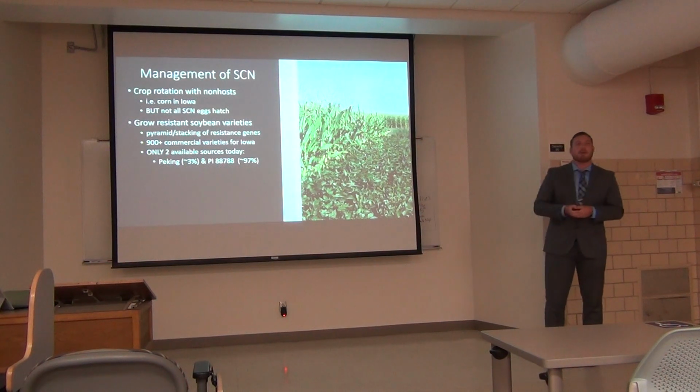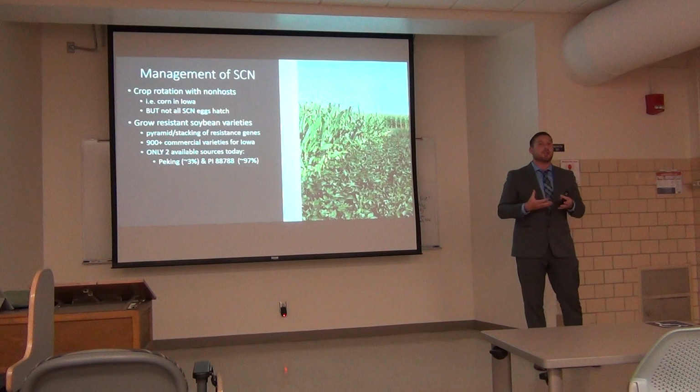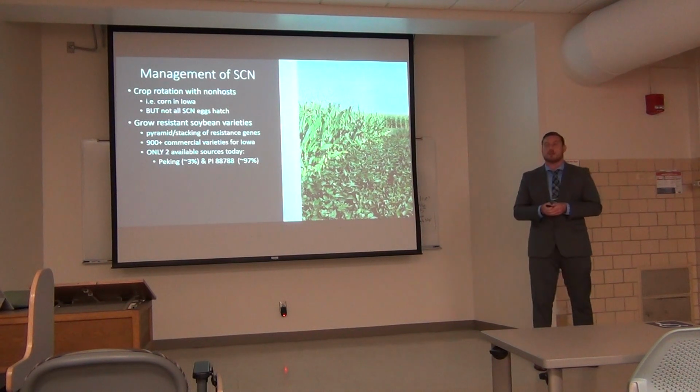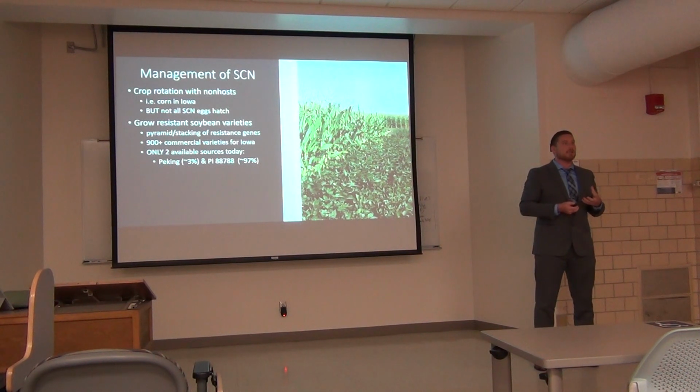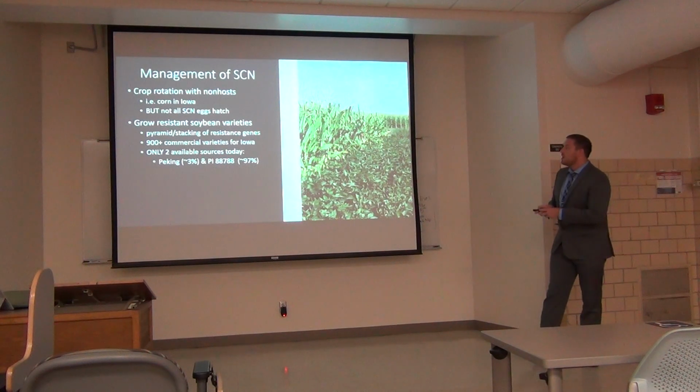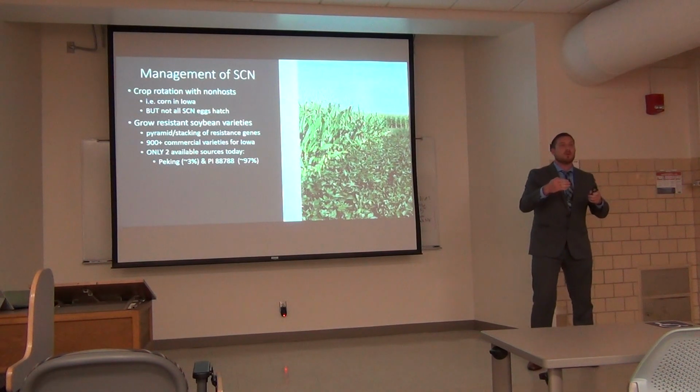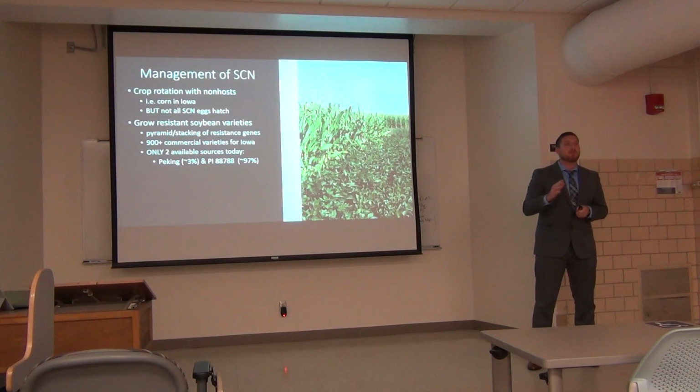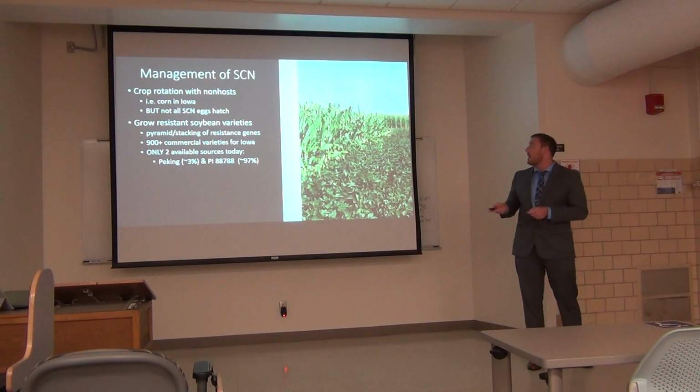The next option is growing resistant soybean varieties. A combination of different resistance genes confers resistance. There's about 900 available varieties in Iowa to the farmer. However, only two sources of resistance are bred into those 900 varieties. About 3% is Peking, and about 97% is PI88788.